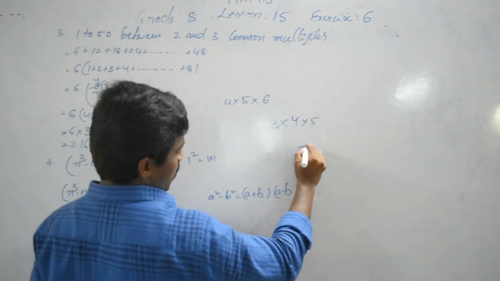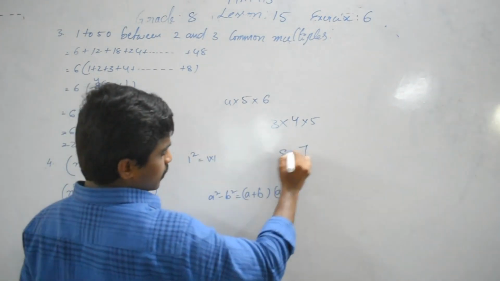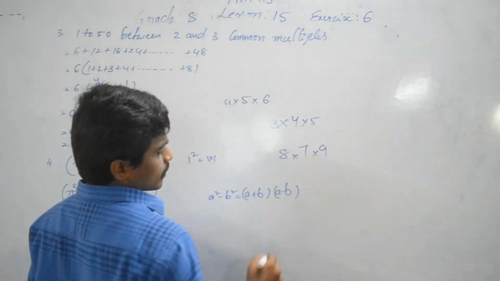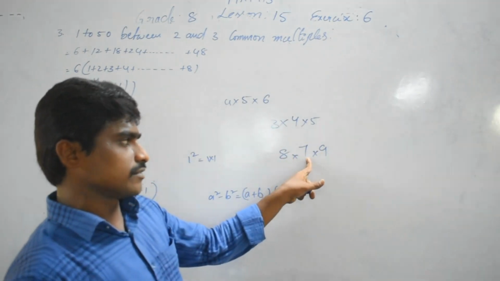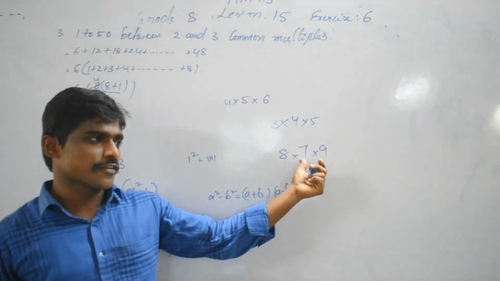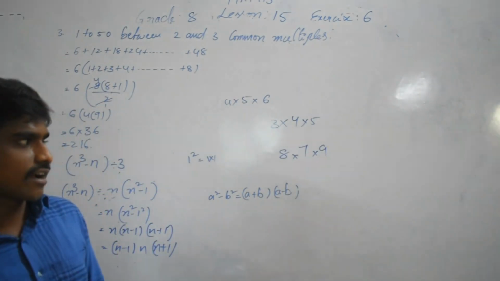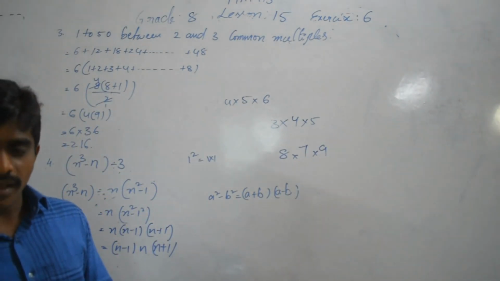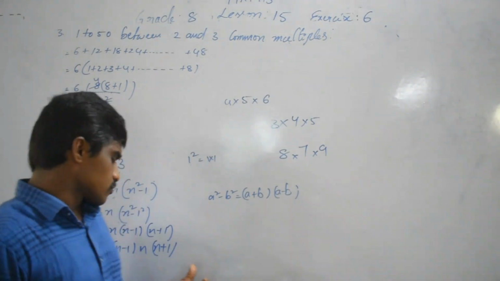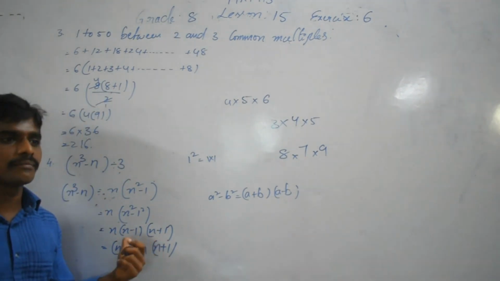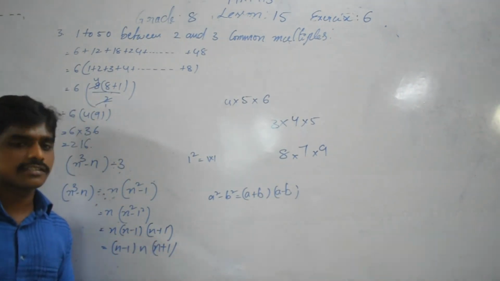N value 7: so 6, 7, 8: 8 sevens are 56, 56 sixes are 336, which is also divisible. So a number divisible by 3, we are using this.